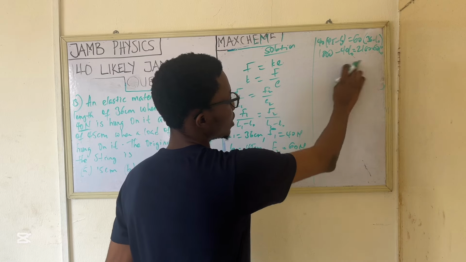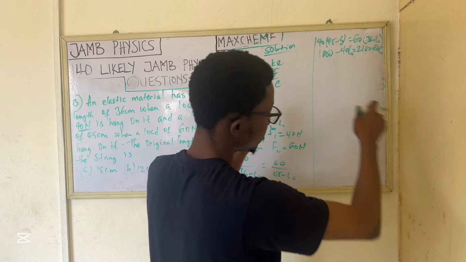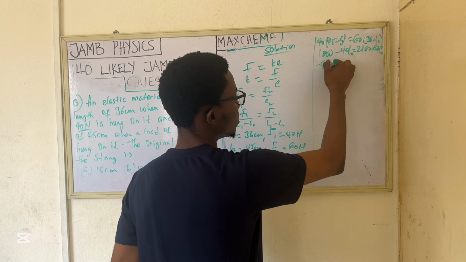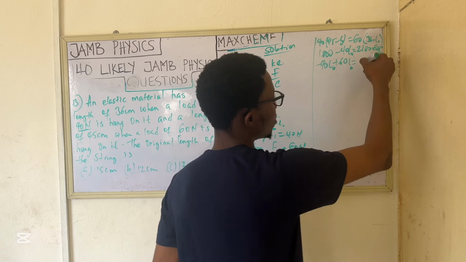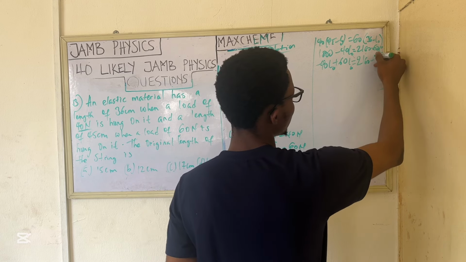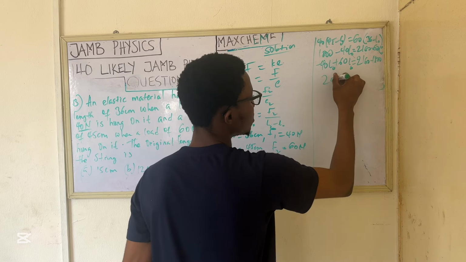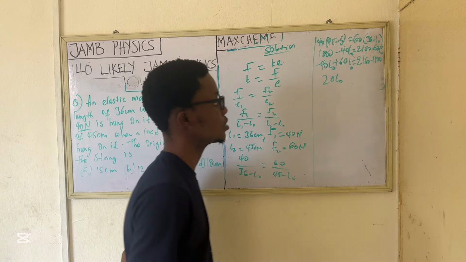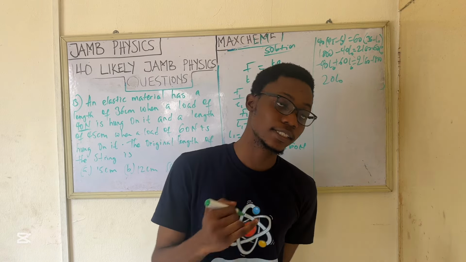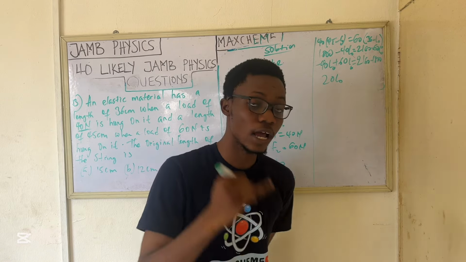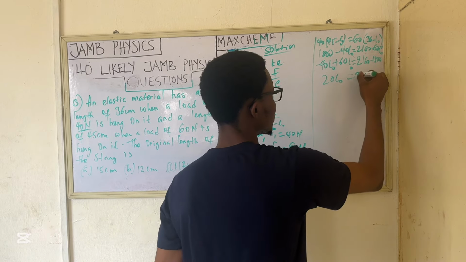Let's bring the L naught to this side, which is our left hand side. So that's minus 40 L naught plus 60 L naught equals 2160 minus 1800. So here we have 20 L naught, that is minus 40 plus 60 is plus 20, equals 2160 minus 1800, that will give us 360.